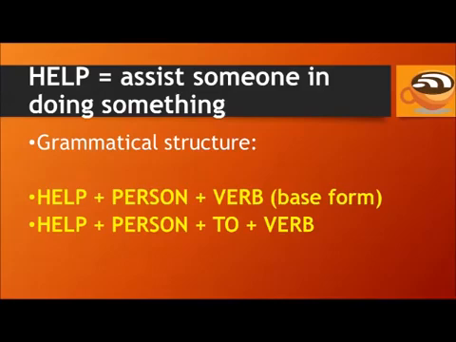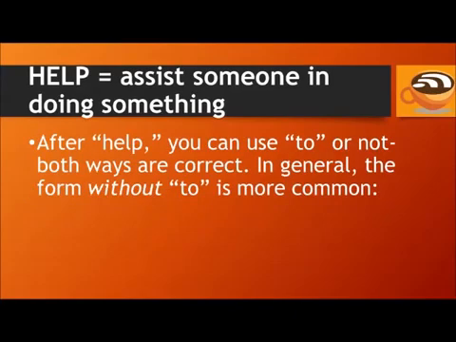Finally, we have the word help, meaning to assist someone in doing something. With help, we can have two possible grammatical structures: help plus the person plus the base form of the verb, or help plus the person plus to plus the verb. After help, you can use to or not. Both ways are correct.